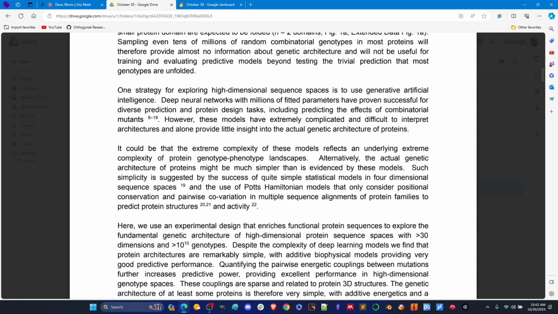These are Potts-Hamiltonian models, which are very similar. And so you can actually use those kind of models to predict things in sequence alignments and things like that. There's this idea in complexity theory that we can use these types of generalized models. We can take that analogy from physics and apply it to biology and solve a host of problems. So this is, again, the assumption they're making.